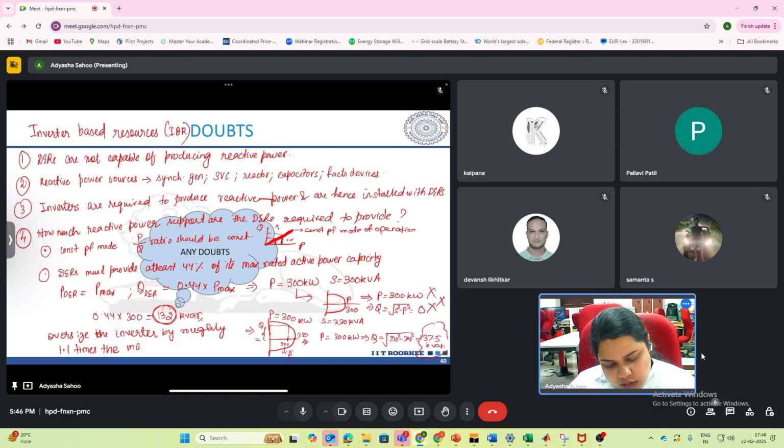1.1 times the maximum active power capacity of DER. That will ensure that you are following the standards of the system.